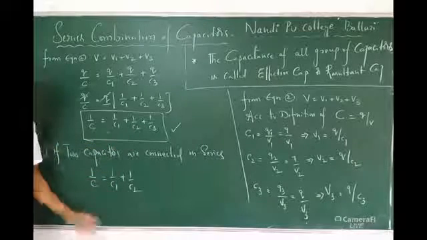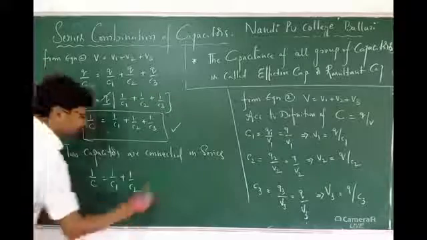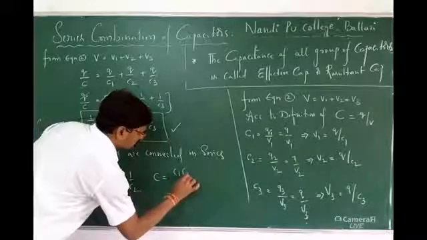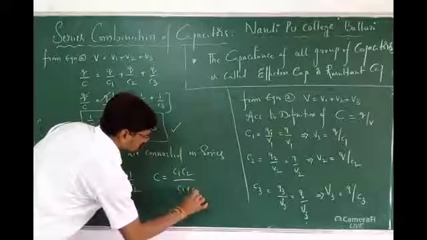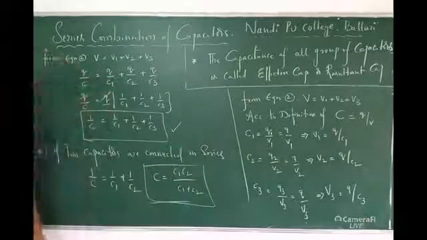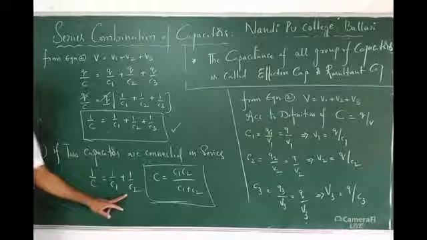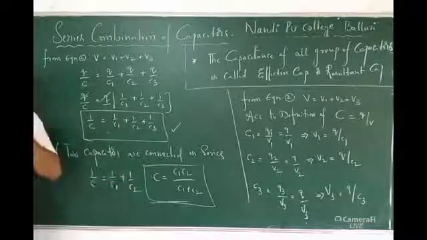C3 is not present. By taking LCM, C is equal to C1 C2 by C1 plus C2. This is for 2 capacitors. This is for 3 capacitors.